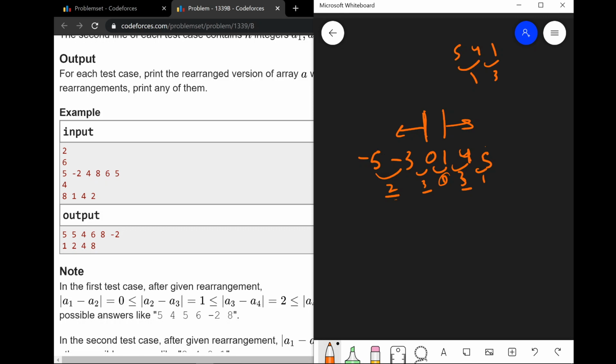Okay, so now I think I have a better approach. The ones with the minimum continuous differences should be adjacent. So like if this was 2 and 3, so this is also 1, this is also 1.